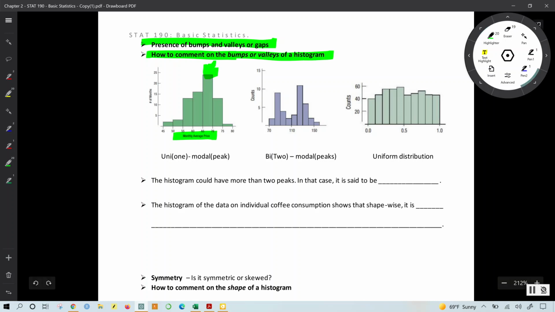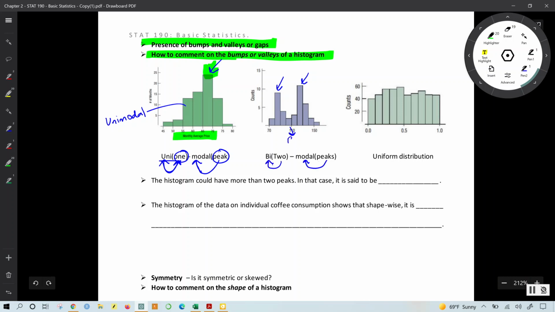In this case, there is only one peak. So this is called one peak in English. In statistics, we call it uni. Uni means one, and that peak is called modal. So this is a unimodal distribution, to sound fancy, statistically speaking. We have two peaks here. So 2 will be bi and peaks will be modal.